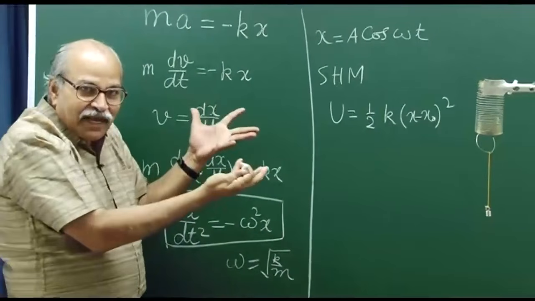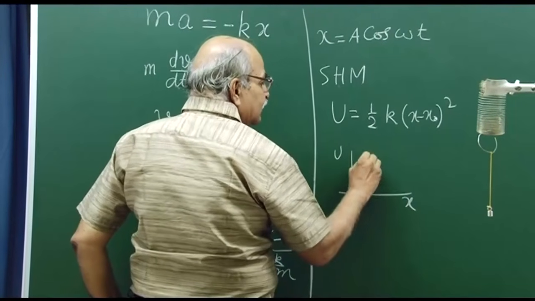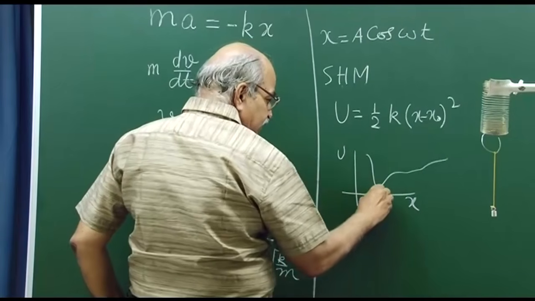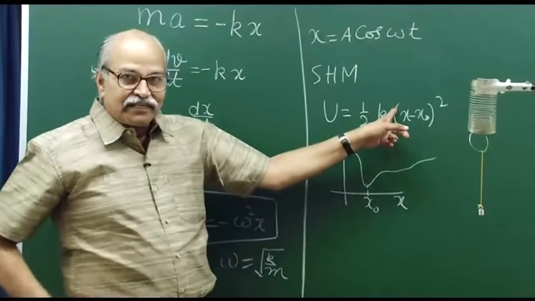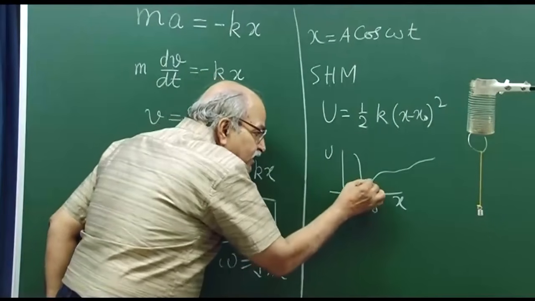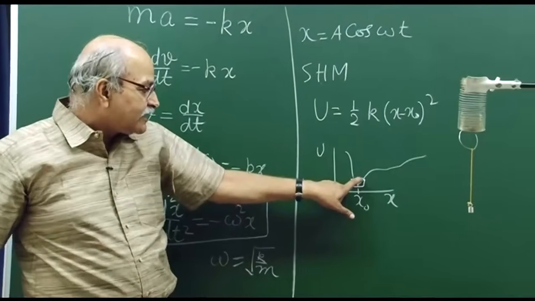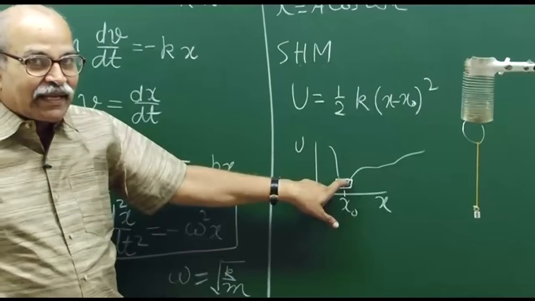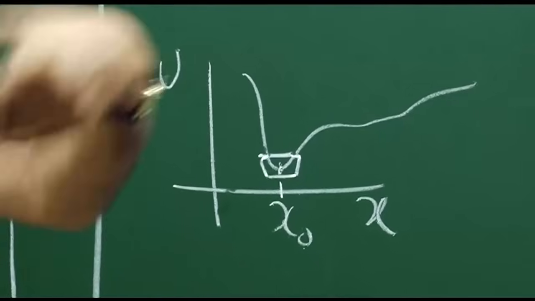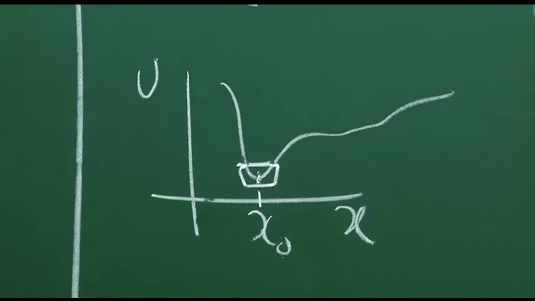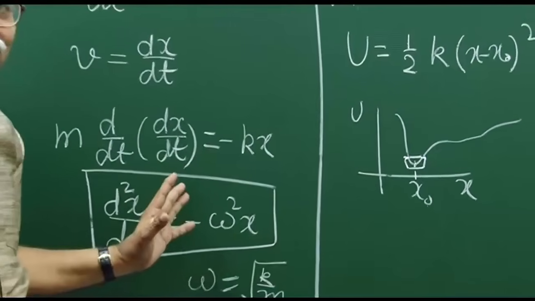Even if it is not parabolic, suppose u versus x has a stable equilibrium point. If I concentrate on a small oscillation, only this much of the part, then I can approximate it as a parabolic curve. Therefore, for all varieties of oscillations with small amplitudes, this equation is followed to a good approximation, and that is why it is important.